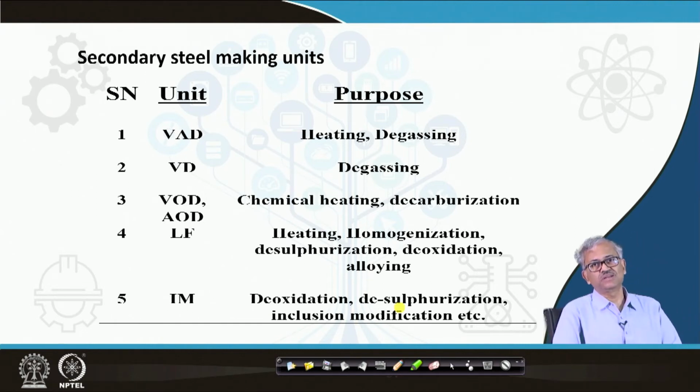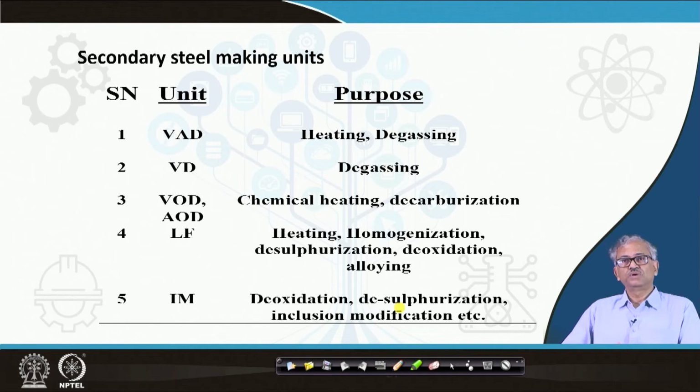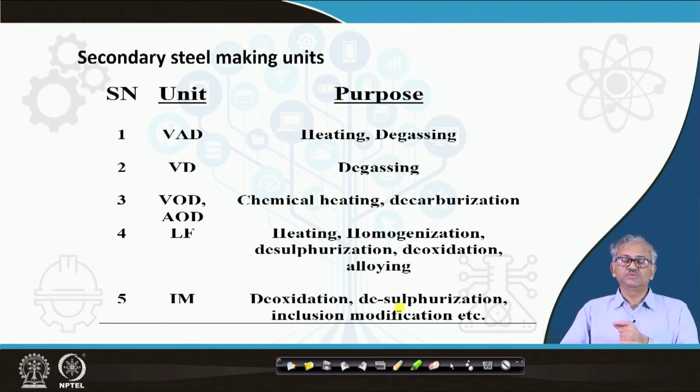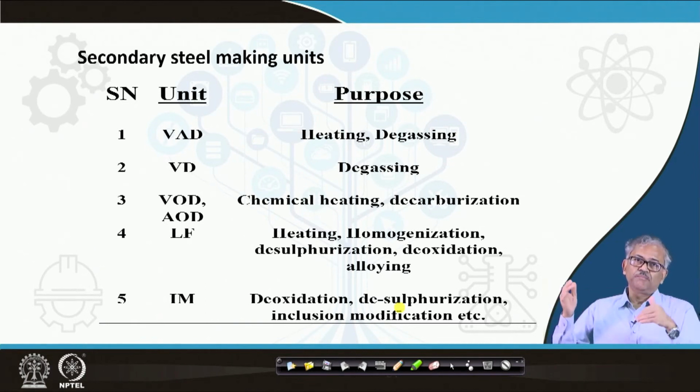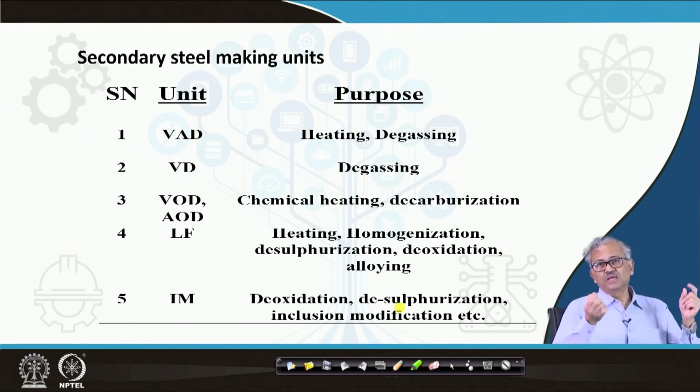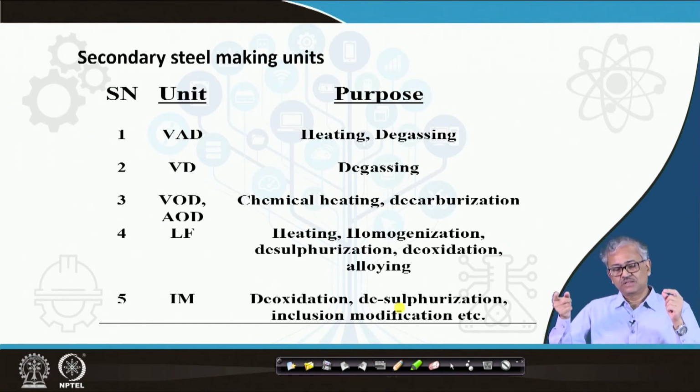That is also a technique for how you can inject. You can do it by submerged lance injection, using a carrier gas to inject the powder through a submerged lance, or sometimes by what is called cored wire injection. Cored wire is nothing but a hollow cylinder in which you pack the powder, and it looks like a rod or wire, and then you feed the wire by a mechanical system.